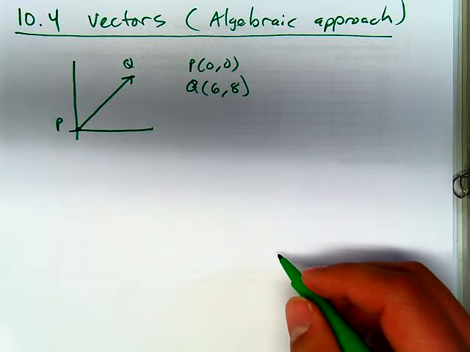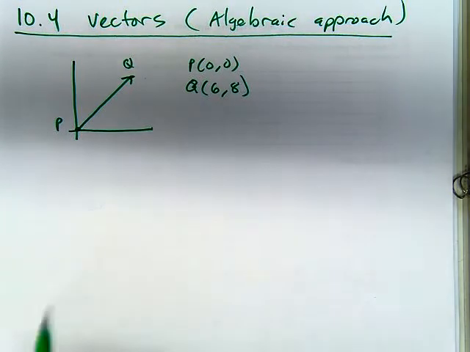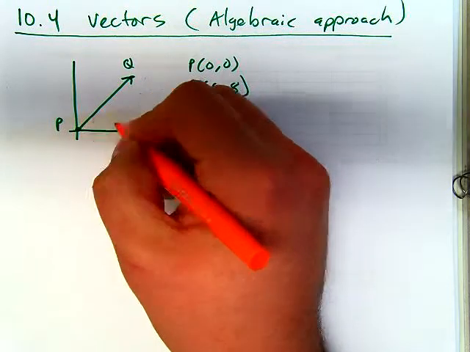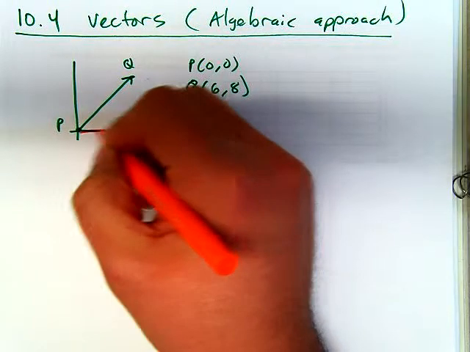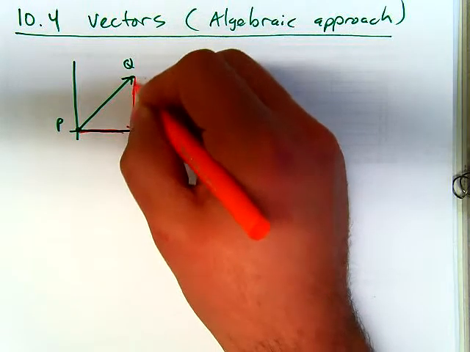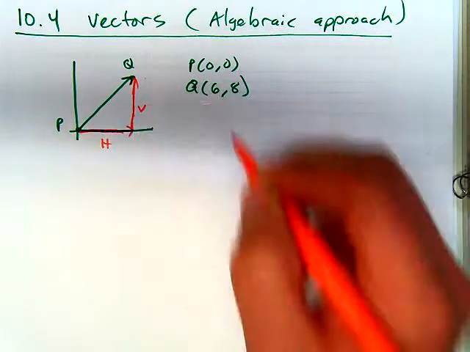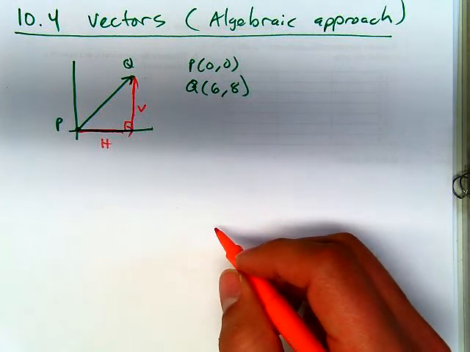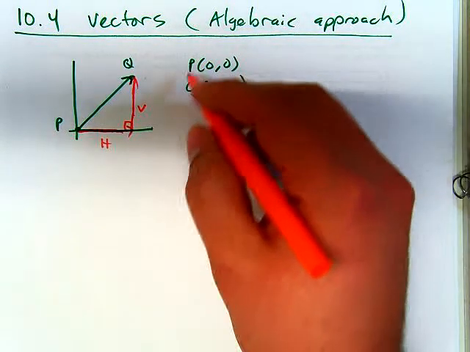Okay? Now, we've talked about this before. I could break up this vector into a horizontal component and then a vertical component, and we could rewrite this vector differently.